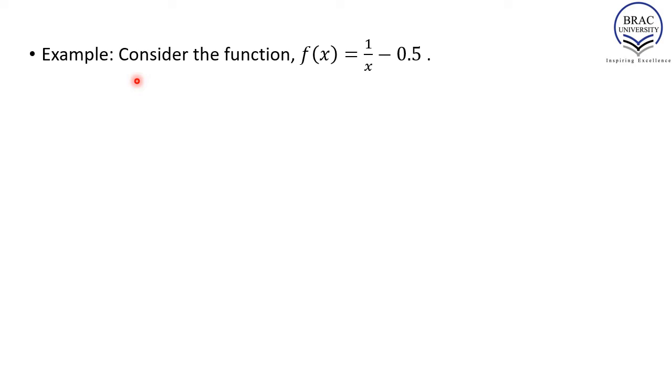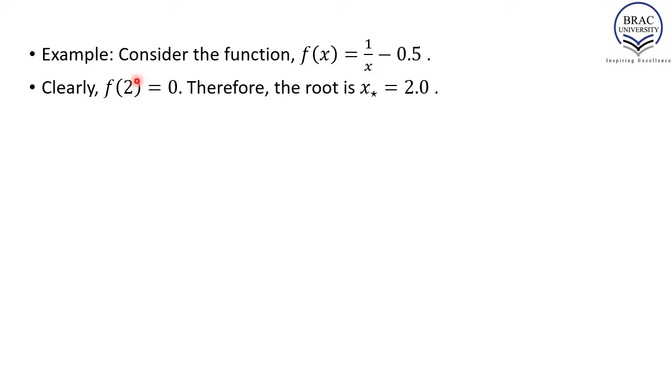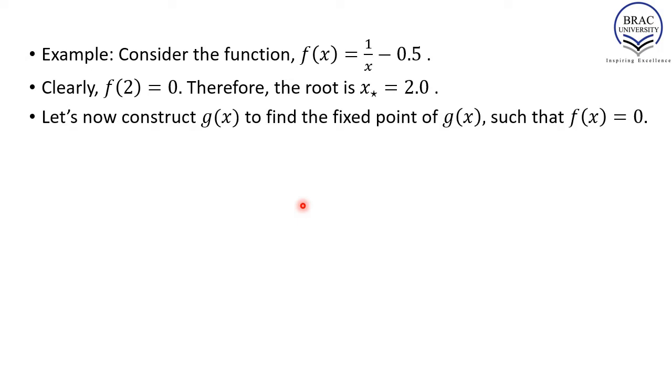Now, as an example, consider the function f of x equal to 1 over x minus 0.5. Clearly, for this function we have f of 2 equal to 0, so we have the root, which is 2. Let's now construct g of x to find the fixed point of g of x, such that f of x will be 0.